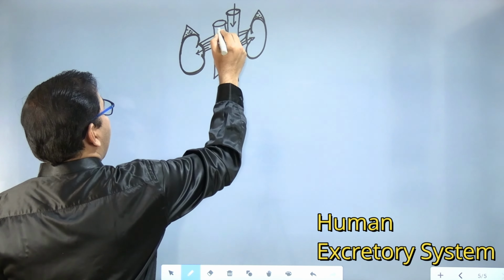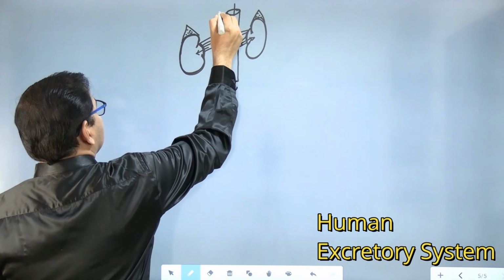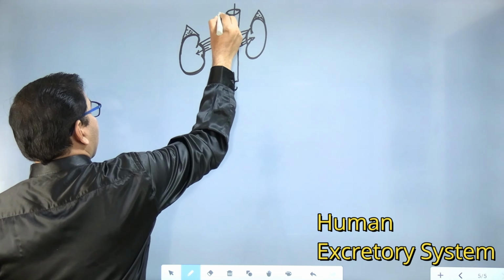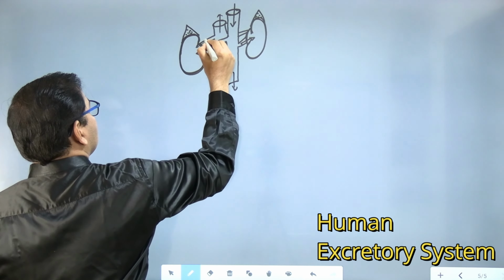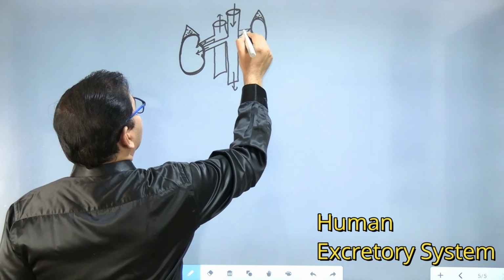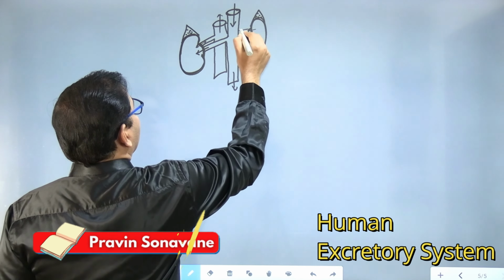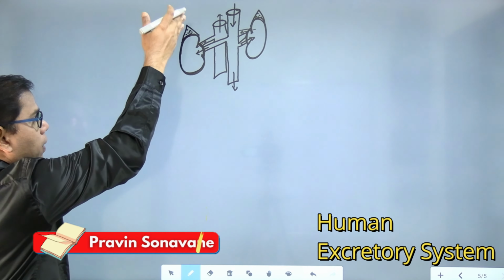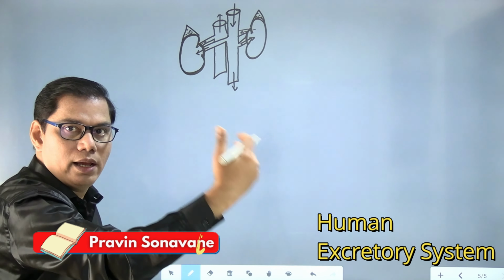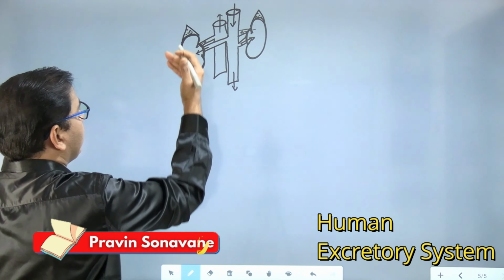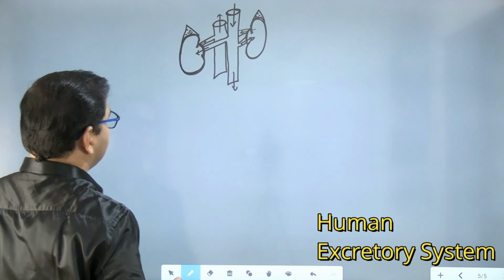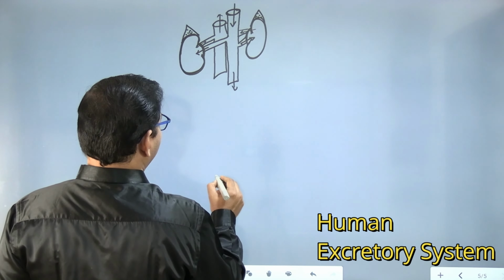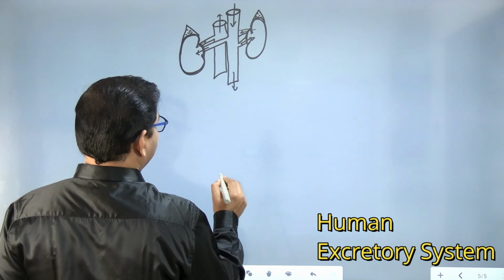We will show the arrows that blood is going out. Okay, arrows showing blood coming into the kidney and arrow showing blood going out of the kidney is very important. Now look here, this is the urinary bladder.